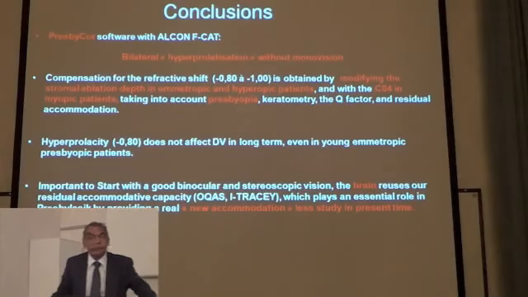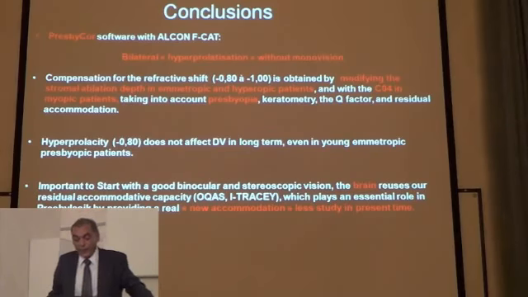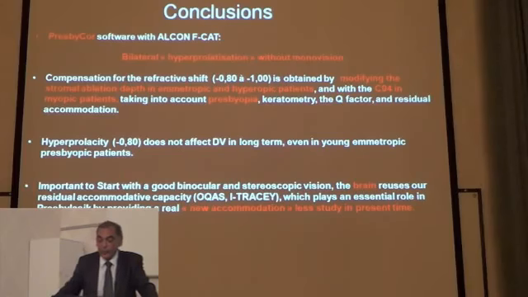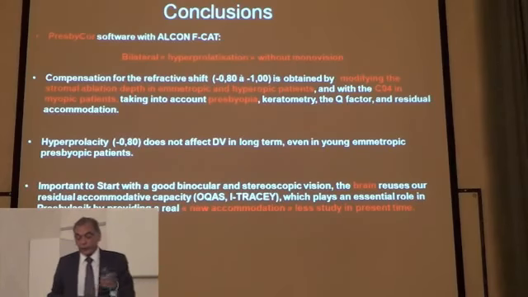And to conclude, PresbyCor software is a new software, but I have experience of some years. It's a bilateral hyperprolate surgery without monovision. As you can see, the compensation for the refractive shift is obtained by modifying the stromal ablation depth in emmetropic and hyperopic patients, and we use the FCAT in myopic patients, taking into account presbyopia, keratometry, Q factor, and residual accommodation.